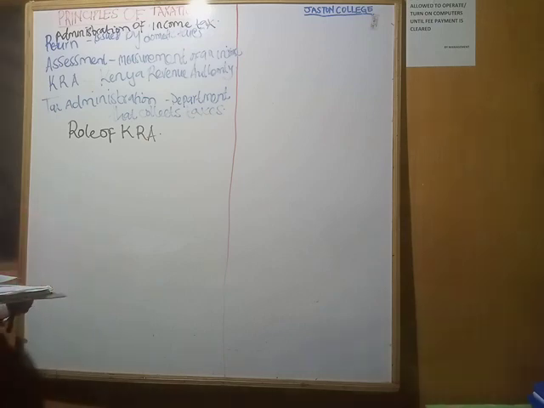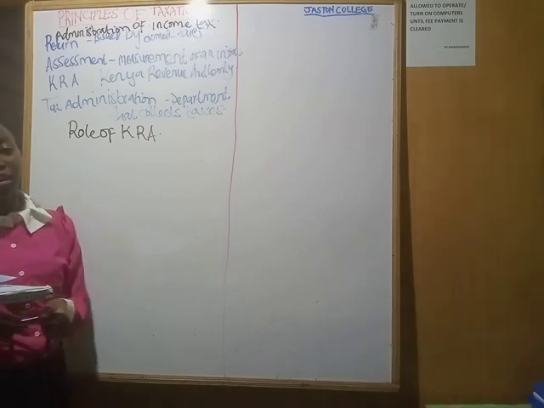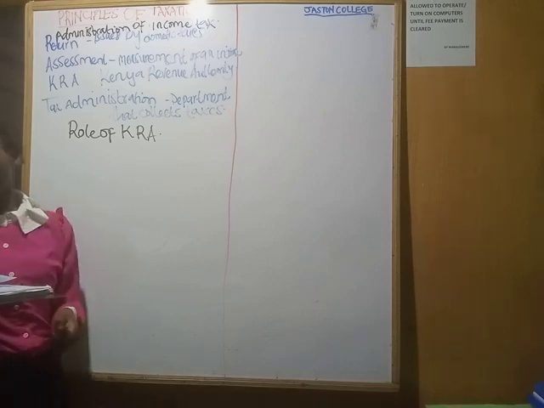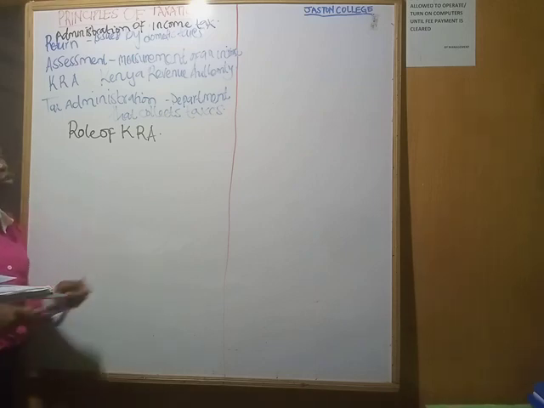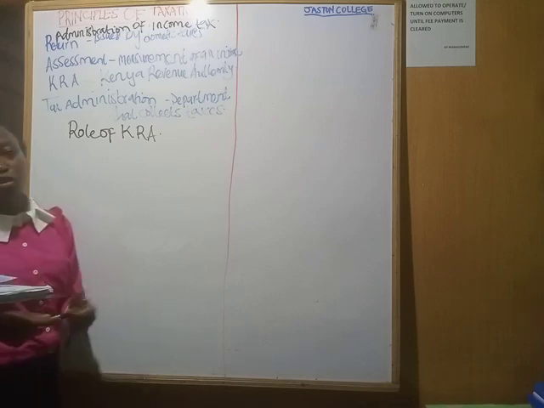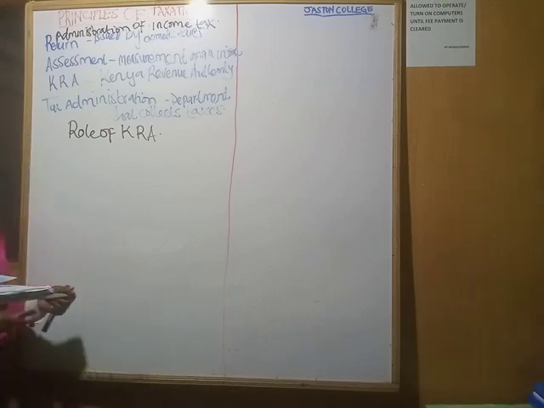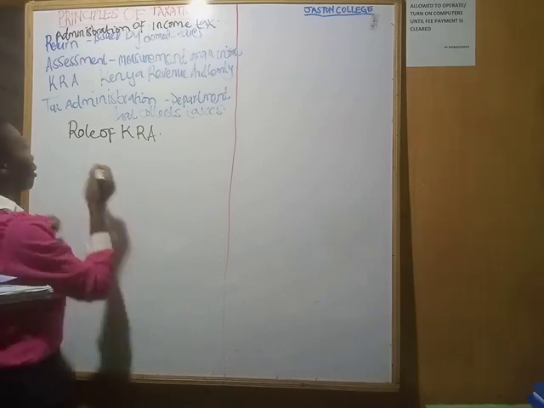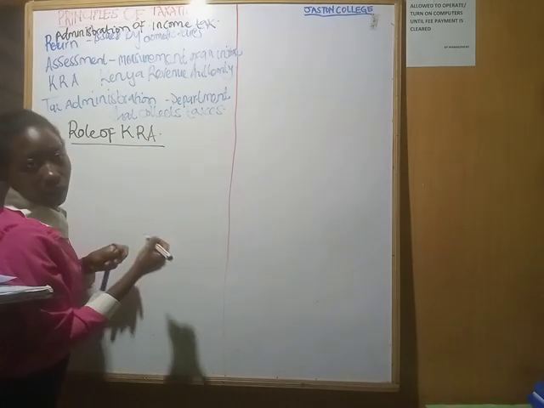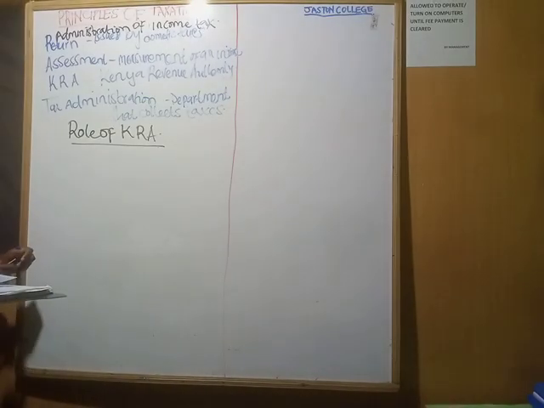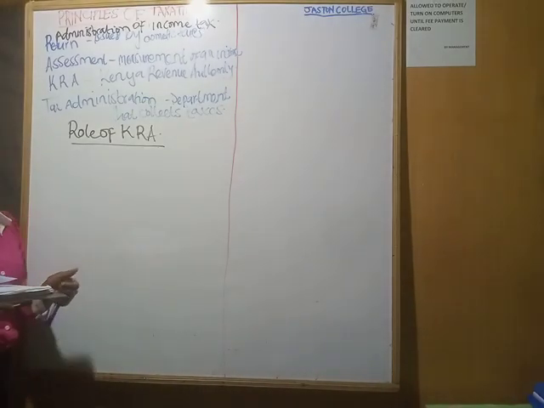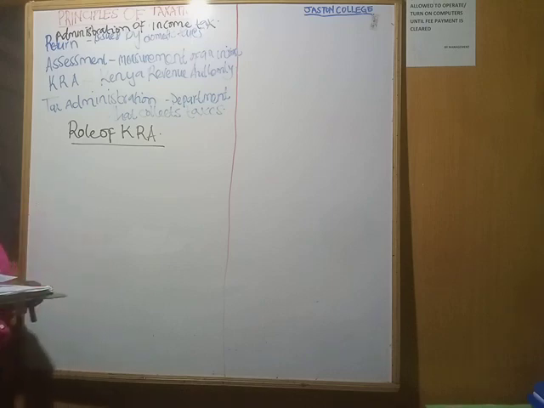Now we also have another role of the KRA, which is to make sure that there is allocation of the scarce resources in the economy. The KRA also promotes the equality of the share of resources in the economy.